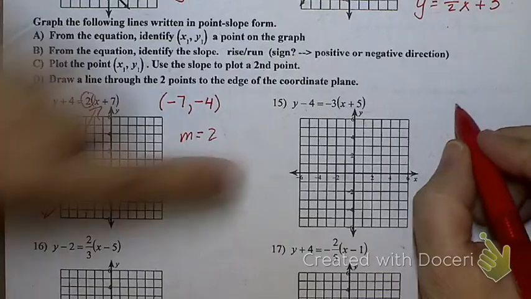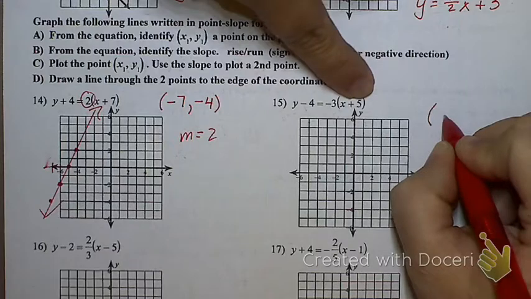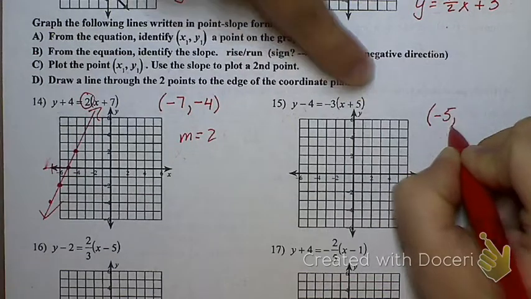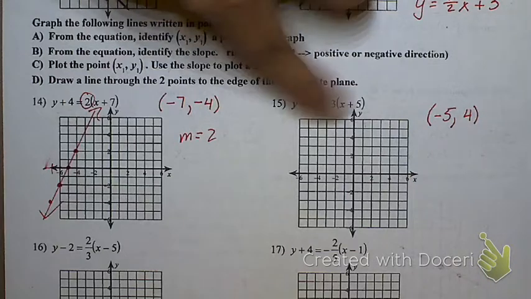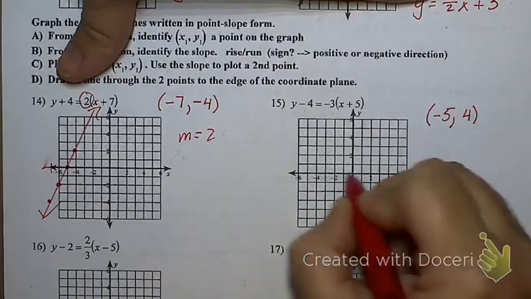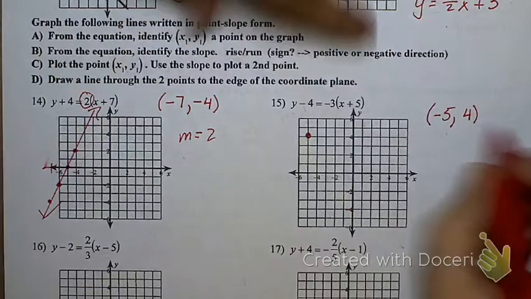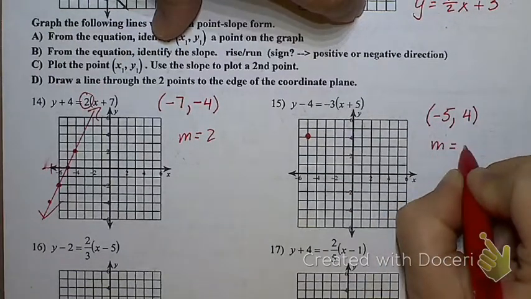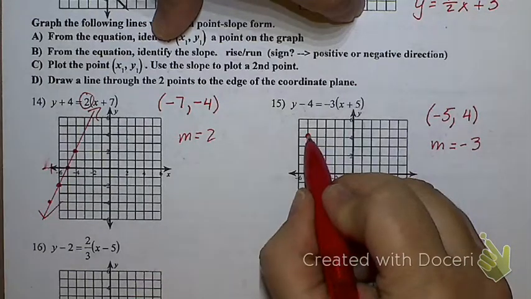All right, what's the point here? X value would be negative 5, Y value would be positive 4, right? It's the opposite sign in both of those. Negative 5, 4. Yay, that one fits. What's my slope? Negative 3. So what am I going to do from there?